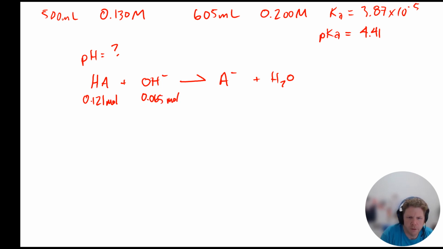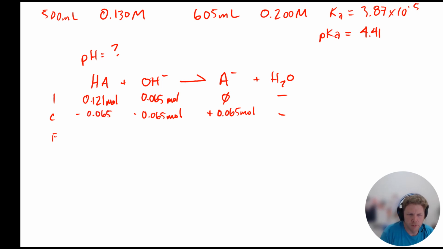So I know that this hydroxide is going to react completely, 0.065 moles, with my HA. On the other side of my equation, I don't care about water, but I can also say that this is going to be plus 0.065 moles. This is going to be my initial, change, and final. My change is going to be minus 0.065 because that hydroxide is going to react with my HA.